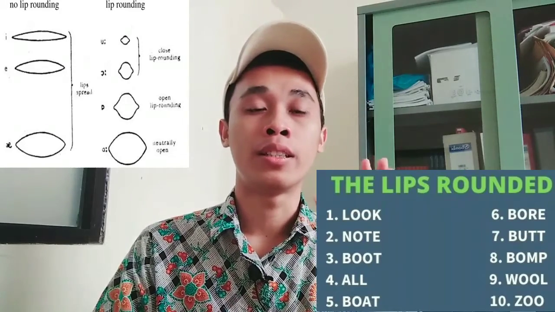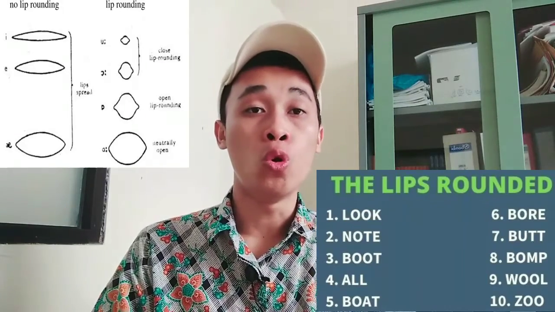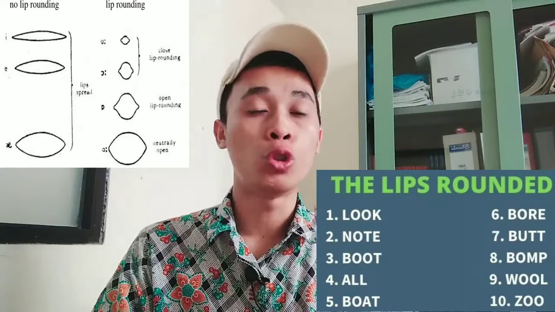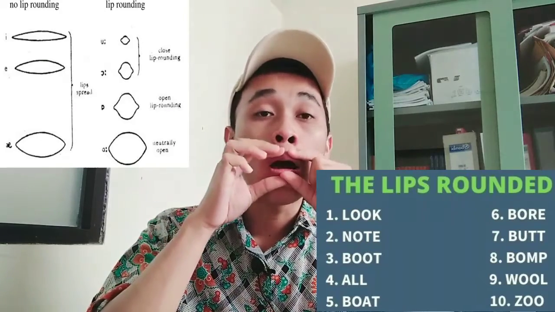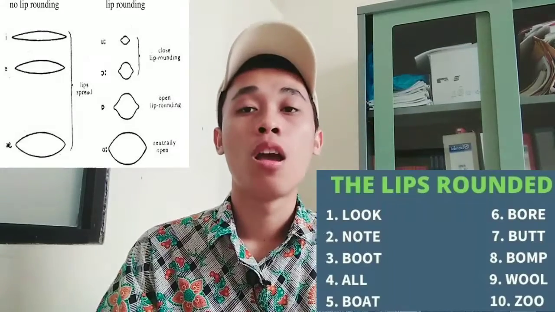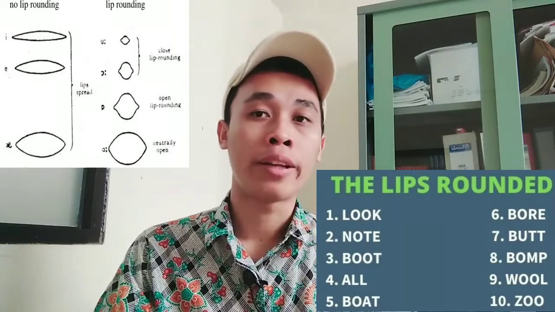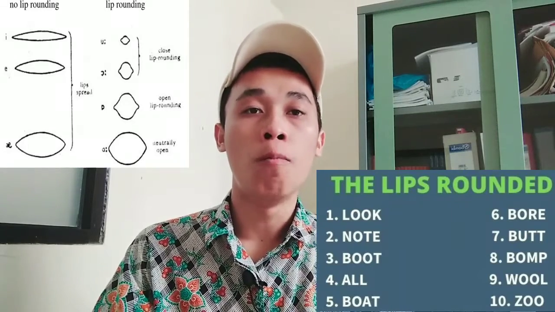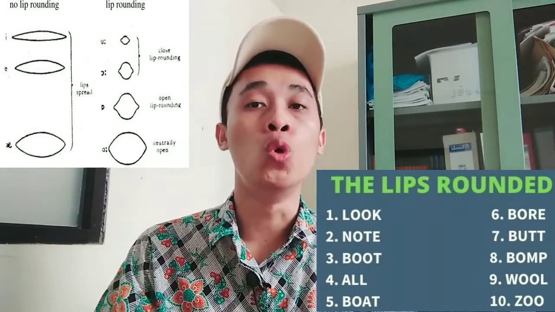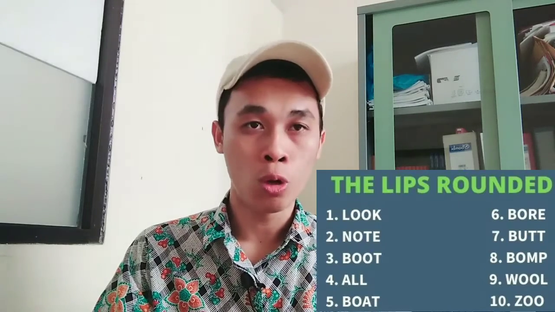Let's see the example that I have prepared for you. Look, note. So your mouth is rounded, okay. Boot, all, okay. Bolt, ball, boo, ball, wall, zoo.